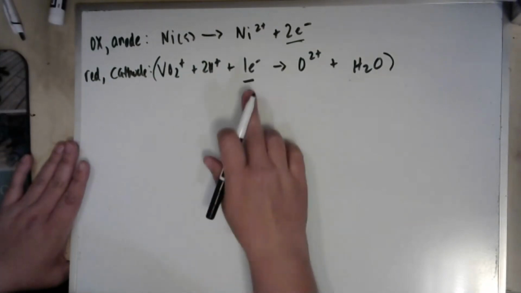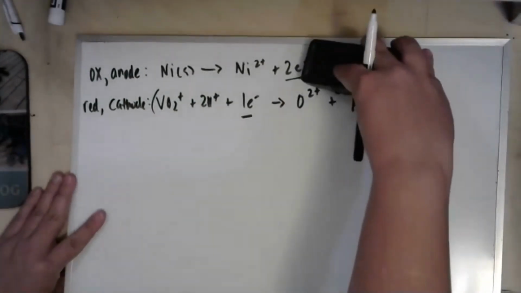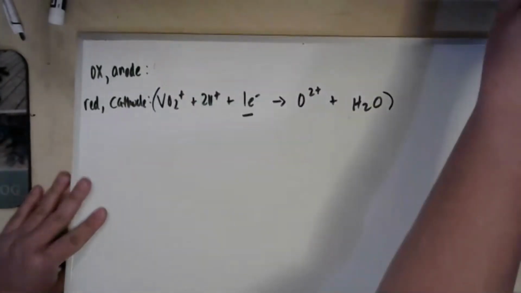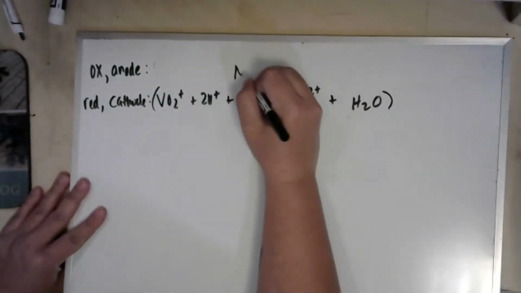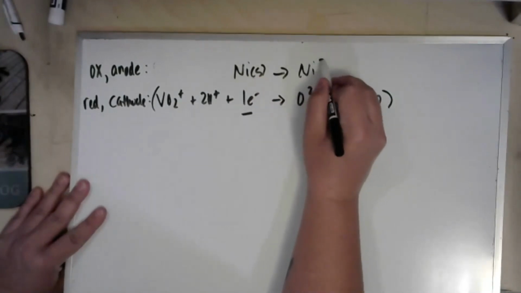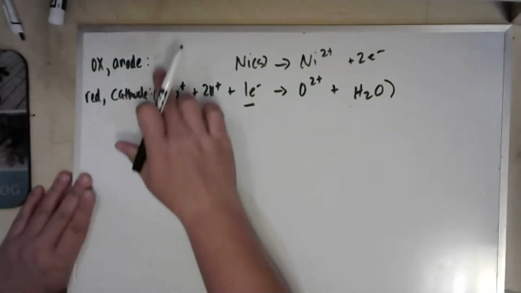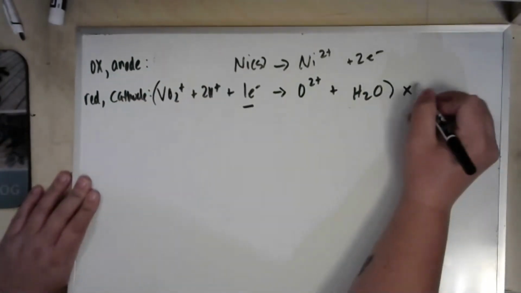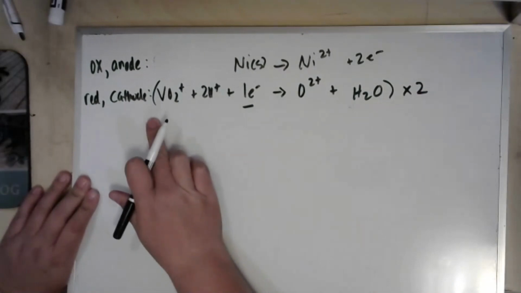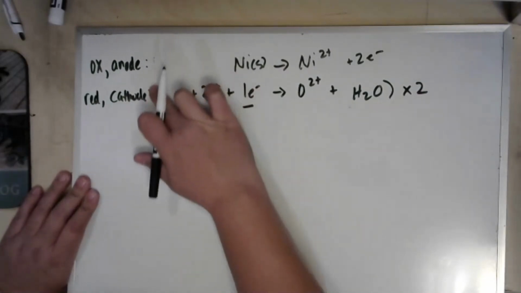That's going to give me the electron values I need to cancel it out. I'm going to rewrite this a little bit so I can use the space up here. This is going to be nickel solid. And I'm going to multiply this whole reaction by 2 and rewrite it with its new values.